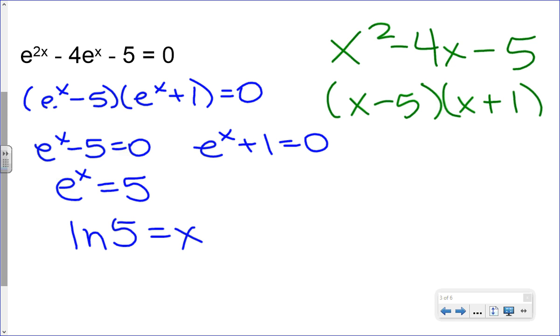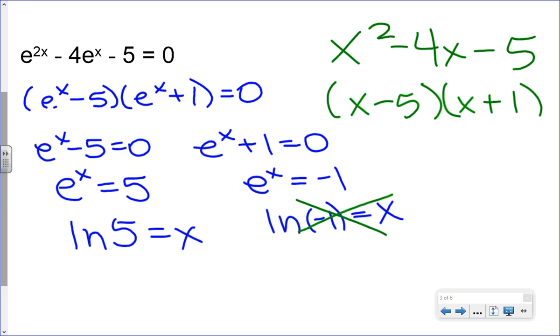And if e to the x plus 1 equals 0, then e to the x equals negative 1, and log base e of negative 1 equals x. Why not? We can't have negatives inside of our logarithm, so that answer is not going to work.